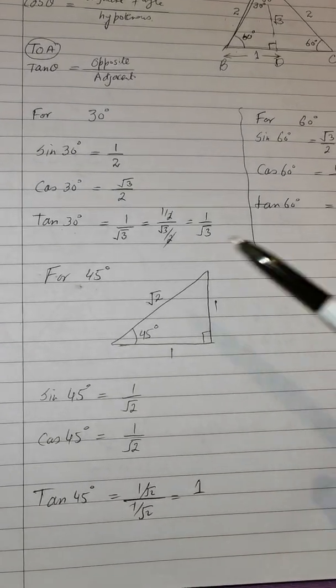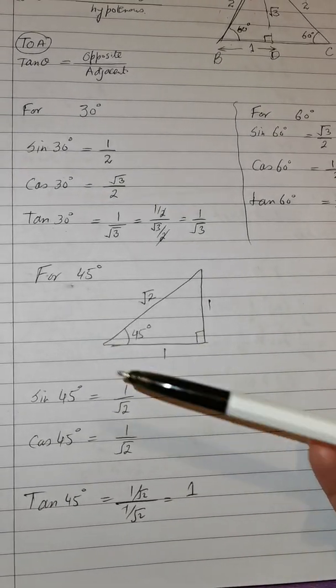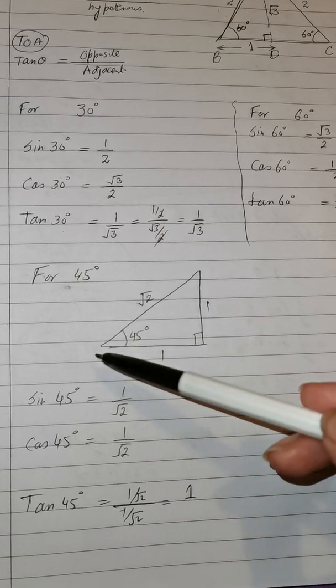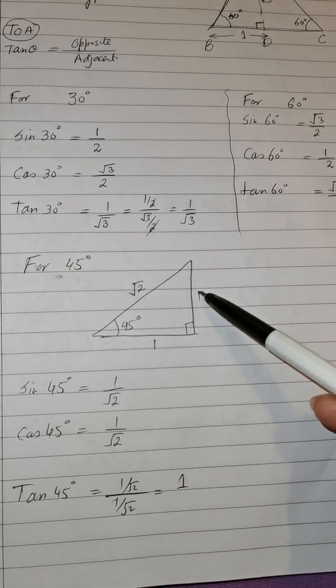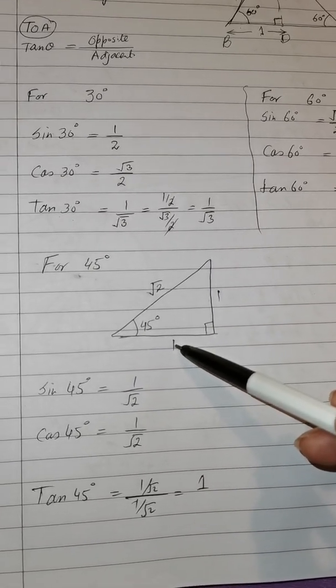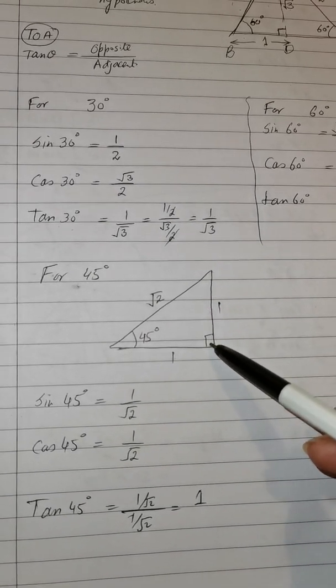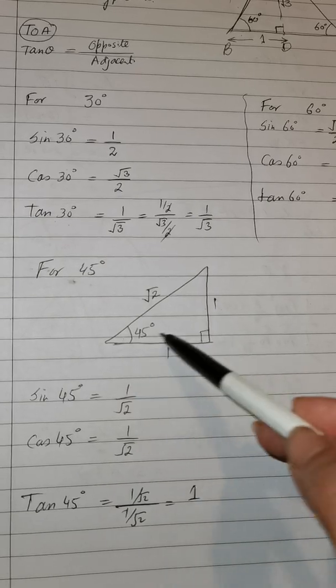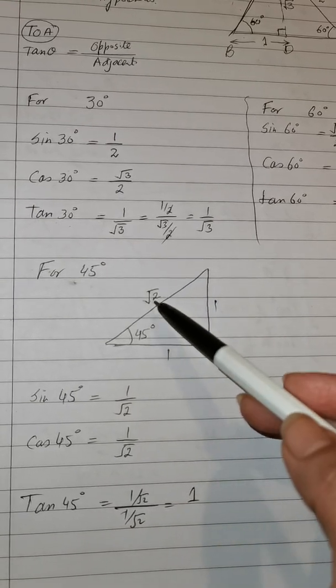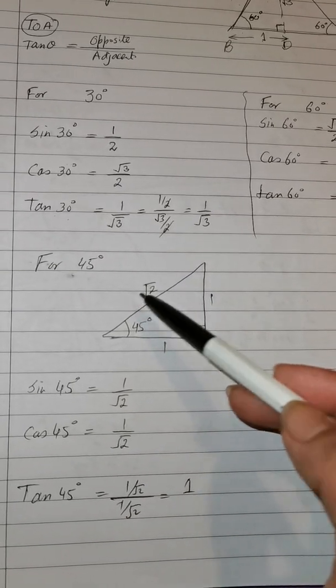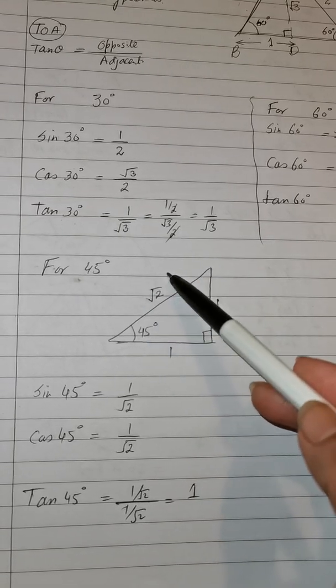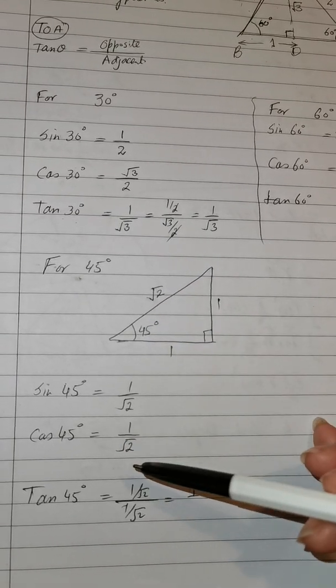But if the angle is 45 degree, for example, then the triangle will be of this shape. This is 1 centimeter, this is 1 centimeter. Then by Pythagoras theorem, base square plus height square will give you the hypotenuse, right? So by Pythagoras theorem, I have calculated the value of the hypotenuse here.